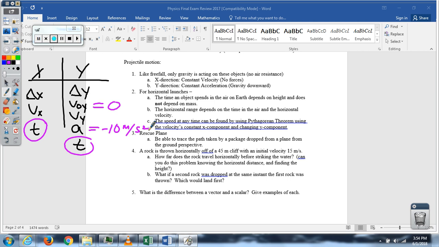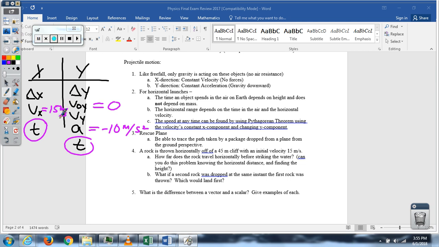For situations where, well, I'll start with this case where you know that the initial velocity is 15 meters per second. Because that's in the forward direction, that's completely Vx.